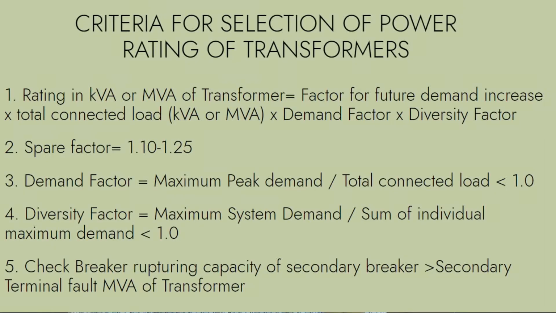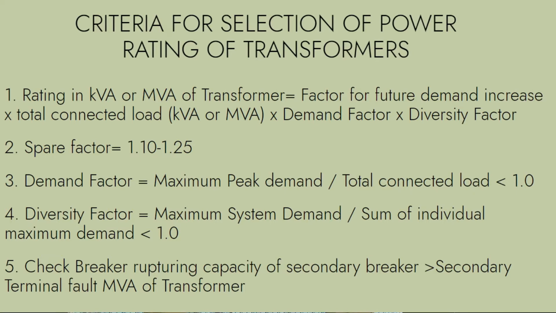But the rating is also to be limited by the breaker that has to be used on the secondary side. The breaker must be able to rupture the current given by the transformer with its impedance. So the selection of the transformer rating is decided like this.